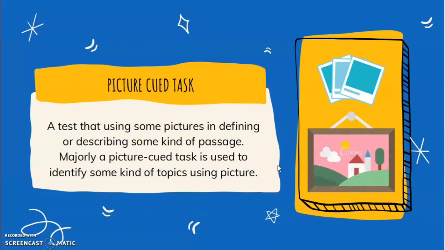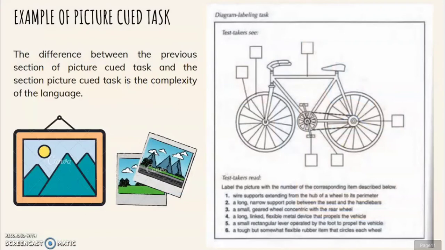So, in this kind of task, students will define and understand topics using a picture. So this is an example of a picture cue task. As you can see in this picture, there is a bicycle and some parts that students need to identify.